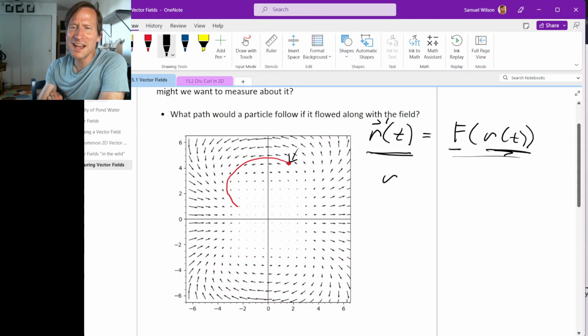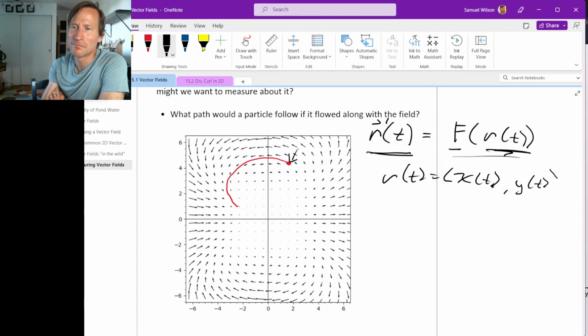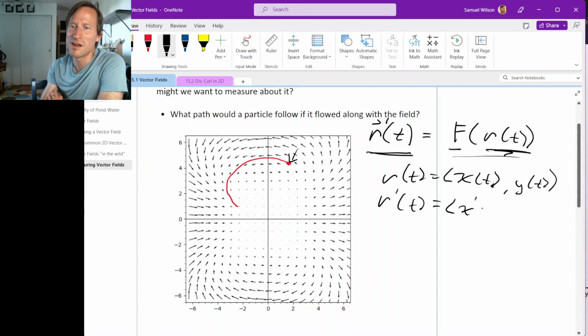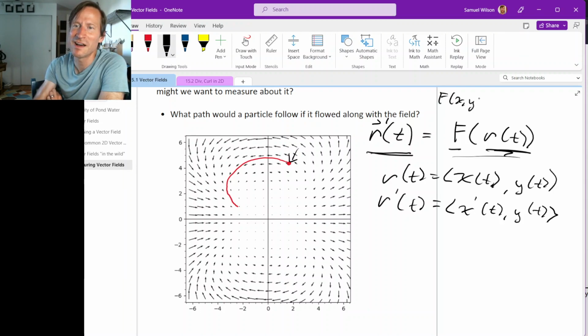But if we write out what r of t really is, it's an x-coordinate function and a y-coordinate function, then r prime is x prime of t, comma, y prime of t. Okay, f itself, remember f is a function of x and y, and let's write it with coordinate functions m and n.